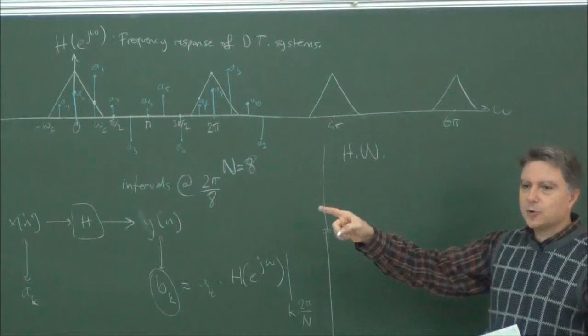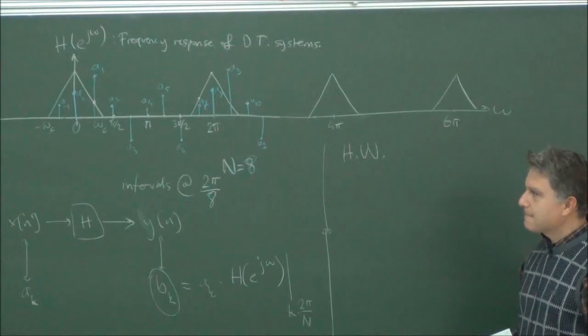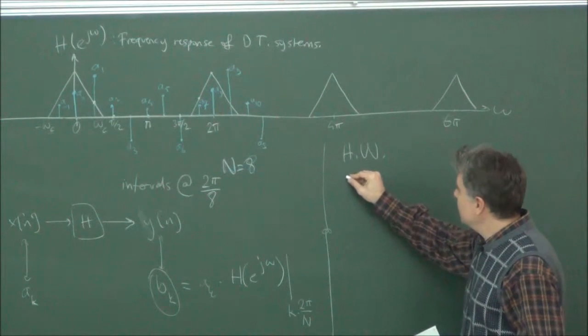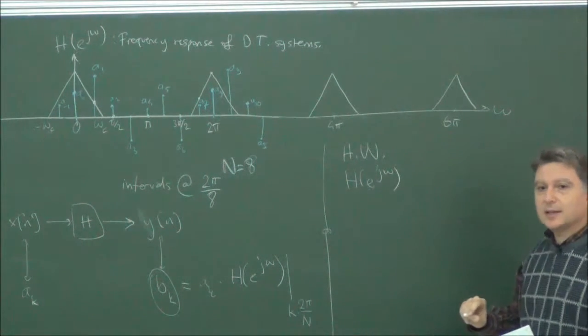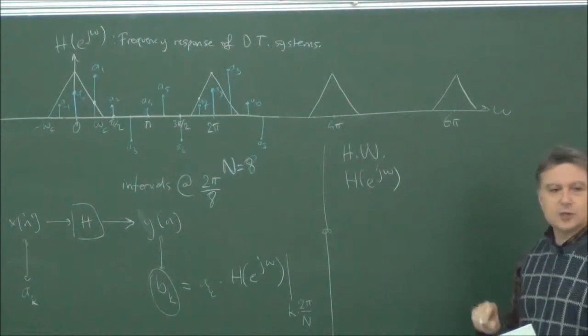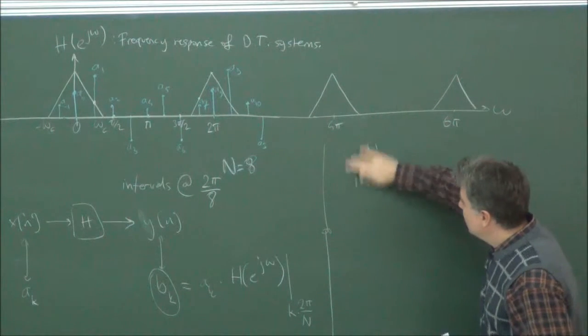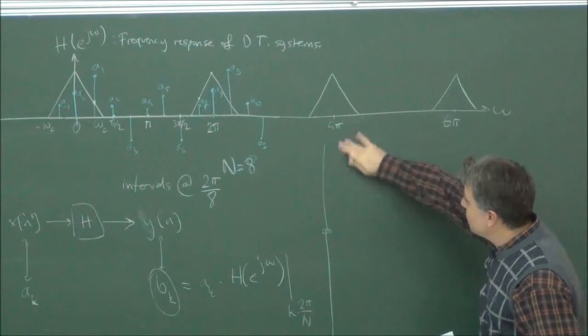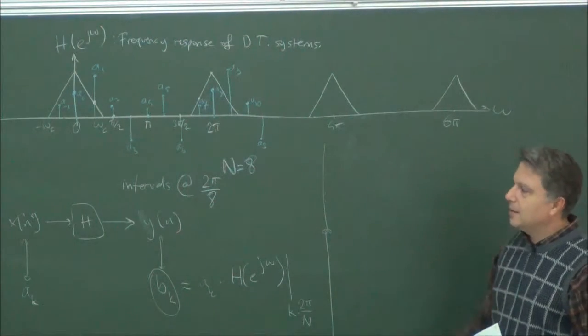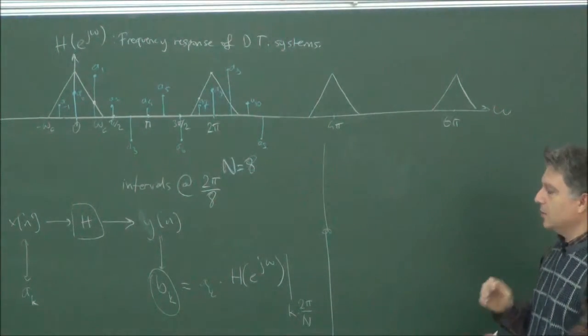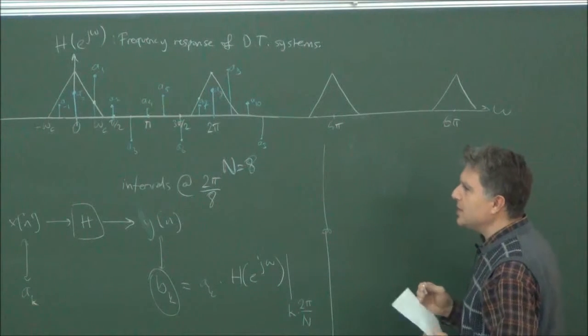Go back to the same quiz question, and first you need to derive h of e to the j omega. By the way, sorry about that, I didn't show you what h of e to the j omega is. Let me first derive the formulation of h of e to the j omega, and then from there I will ask the homework question. So the formulation is as follows.